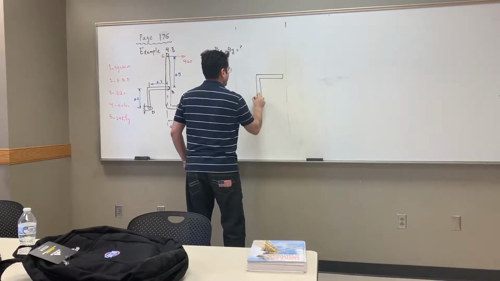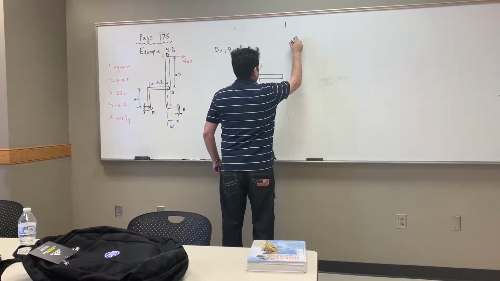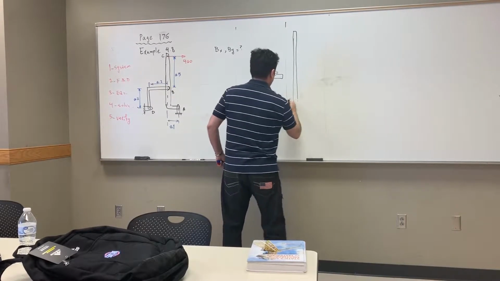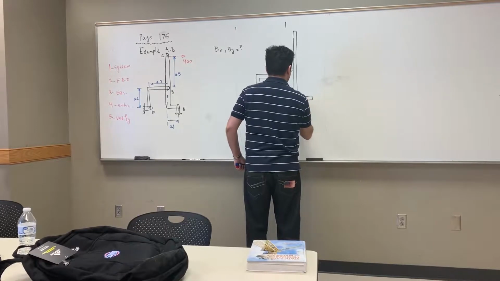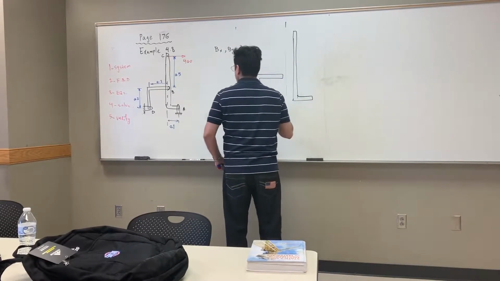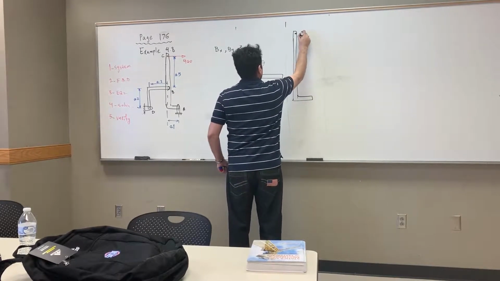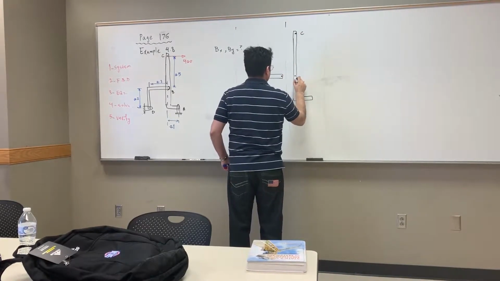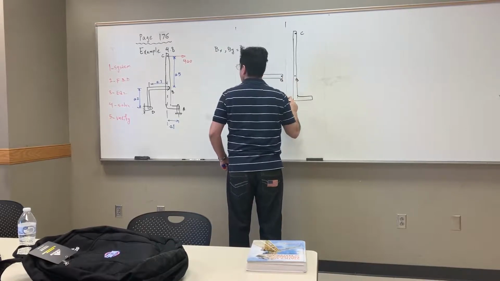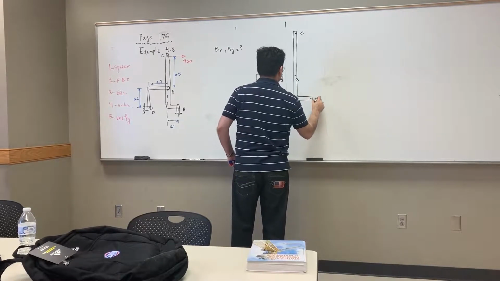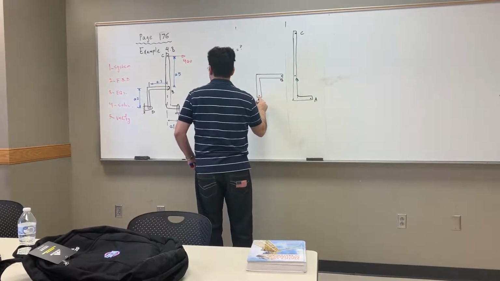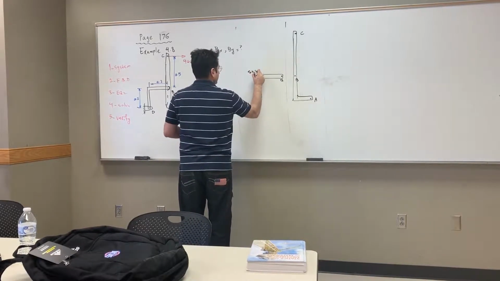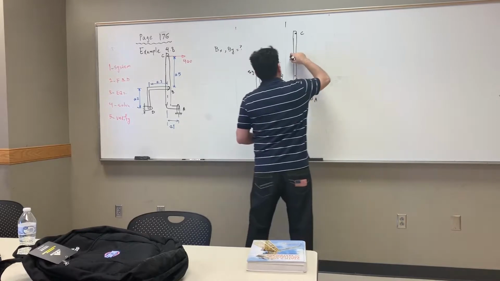One, this L-shaped connector, and then the other one is the arm C, say B, C, A, and B. So let's call this system 1. Let's call this system 2.